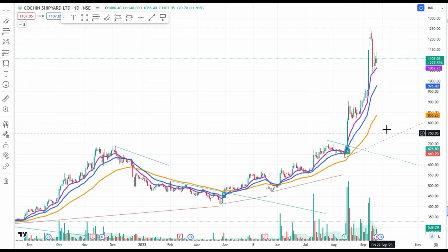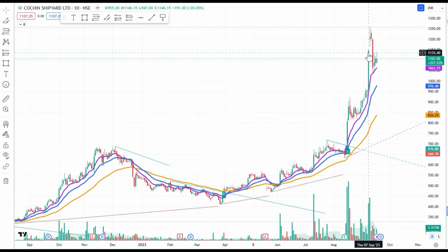And if you want to make good money consistently, you don't want to buy those big bars, lengthy bars, long bars. Those are bars which are meant for selling, especially when they are away from the moving averages.